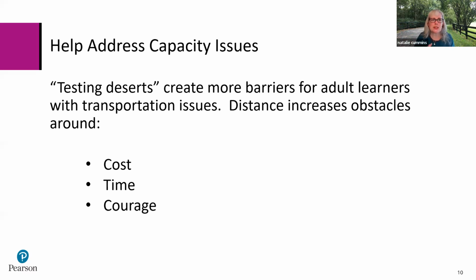In a lot of rural areas, you're not going to have public transportation. The time it takes to travel to and from a testing center is also something to think about, because if you have to travel 45 minutes, an hour and a half to get to testing, that's a barrier that a lot of people just don't want to cross.